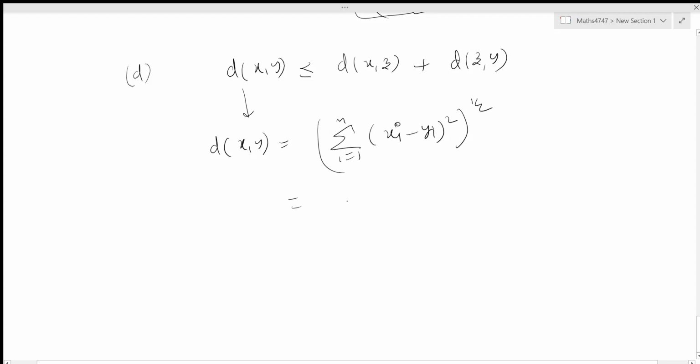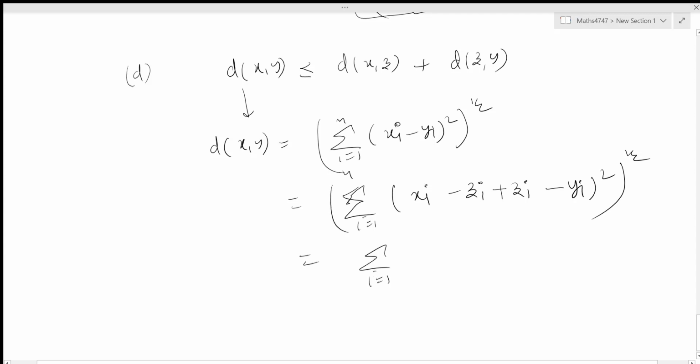So what we can do, we have added zi and minus zi. Now we can separate these two as the summation from i equals 1 to n of (xi minus zi plus zi minus yi) whole square, whole to the power half.